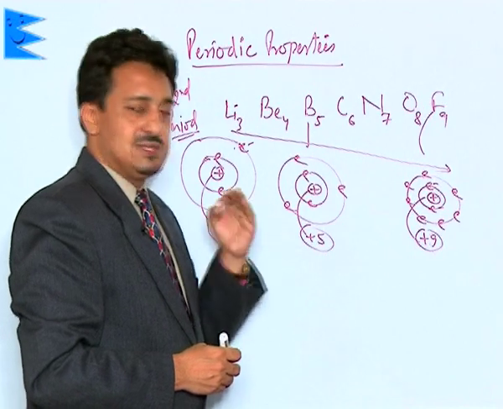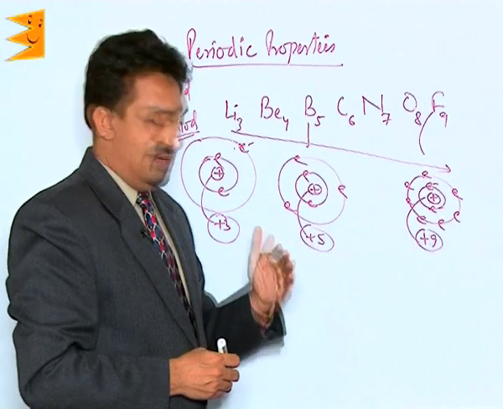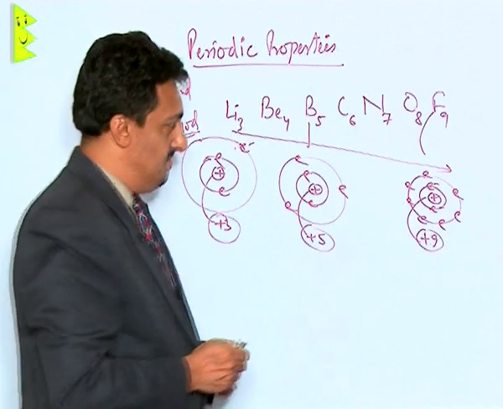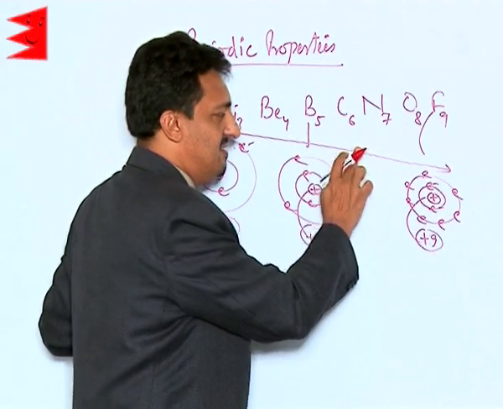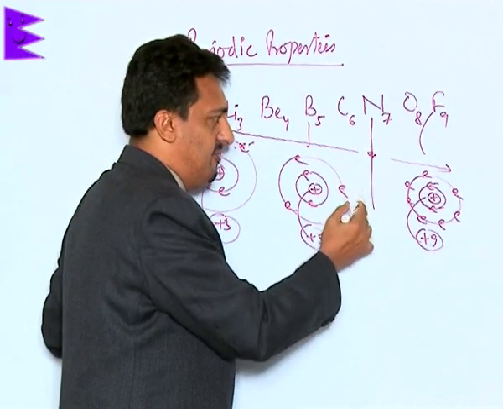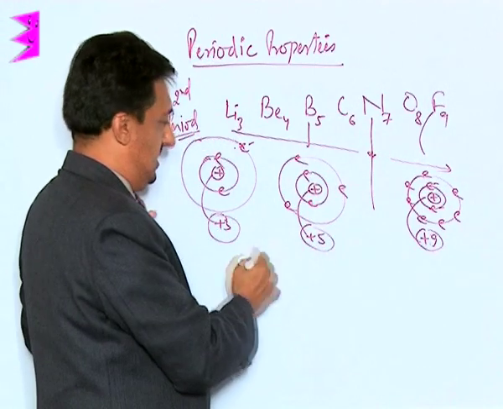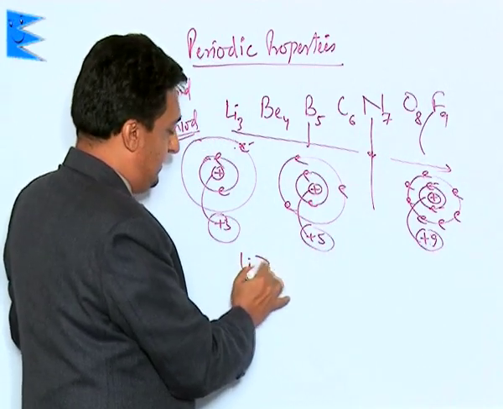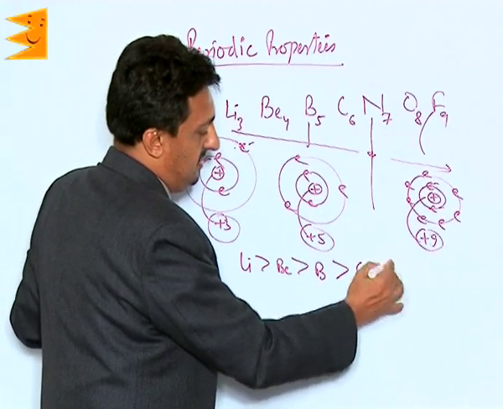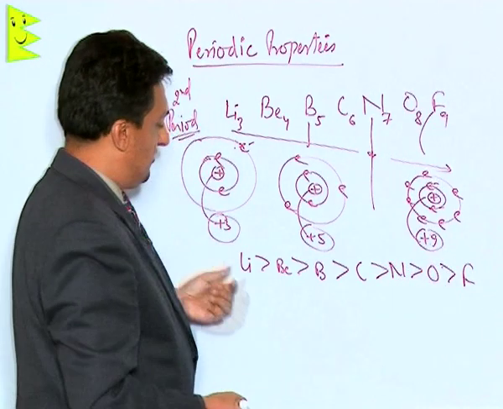There are, of course, certain behaviors which are not aligned with this trend. The small change we find is in the value of nitrogen. If we arrange it, lithium is the largest, then beryllium, then boron, then carbon, then nitrogen, then oxygen, and then fluorine.